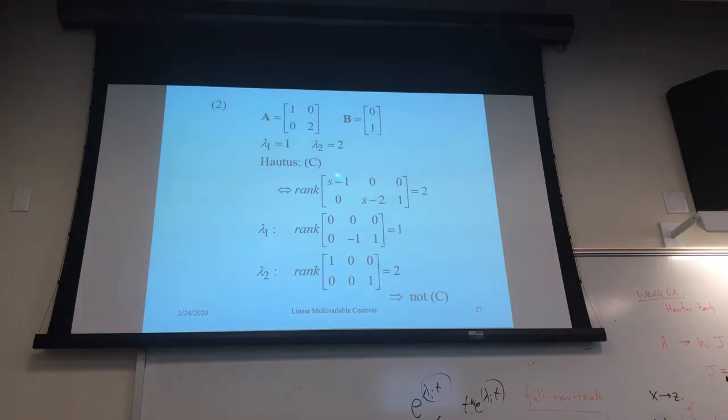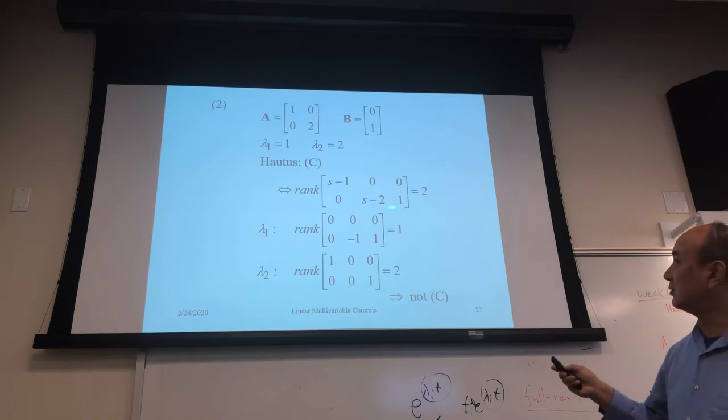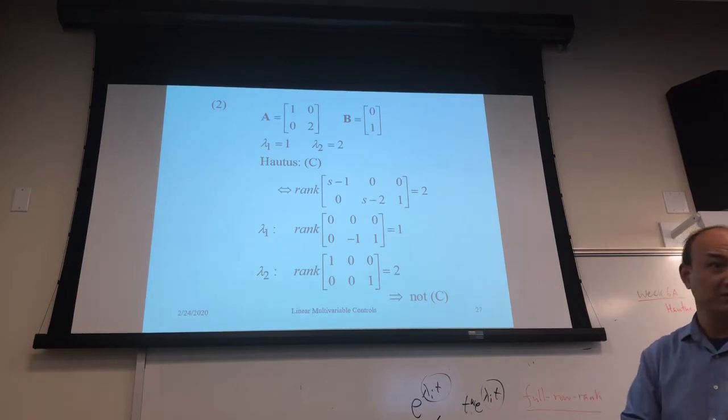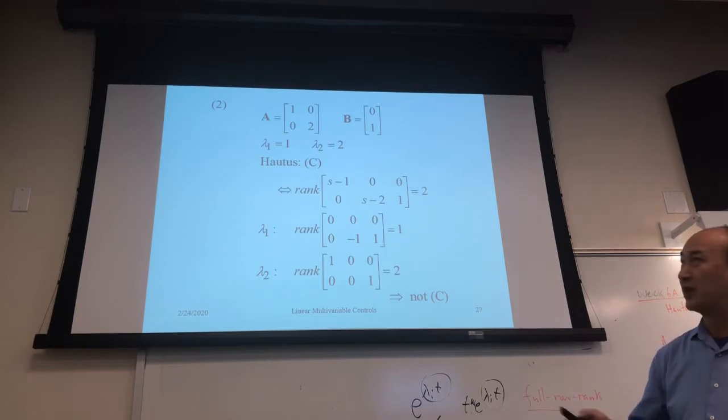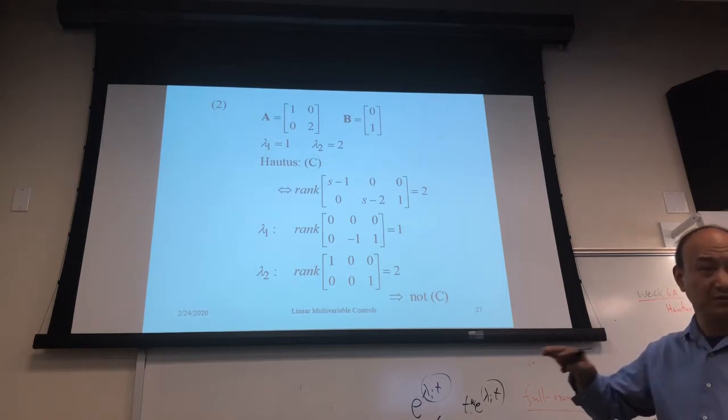So you need to find out all the S in the complex plane to make this fully rank. So that's very difficult. You know that when S is 1, then the whole row is 0, okay? So then the rank is 1.